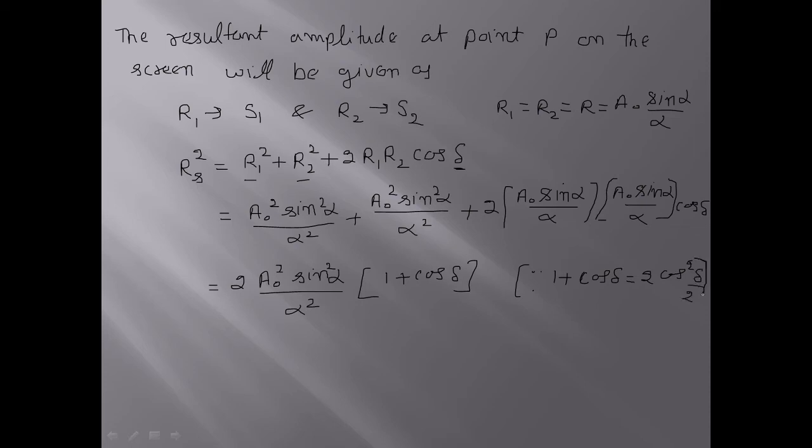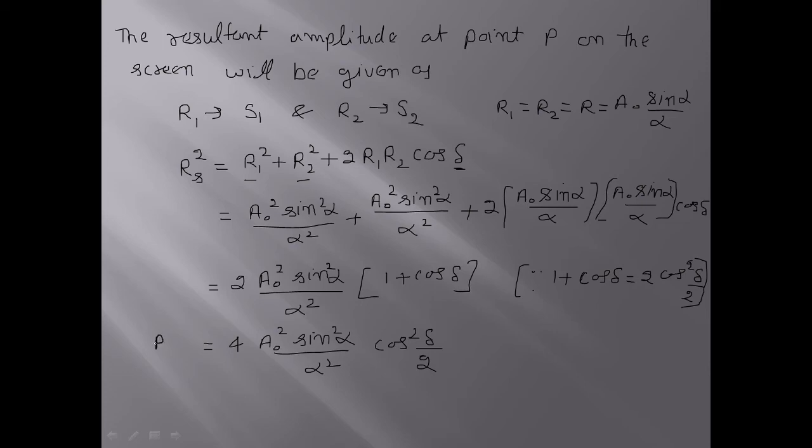Then this is equal to 4 E naught square sine square alpha divided by alpha square cos square delta by 2.